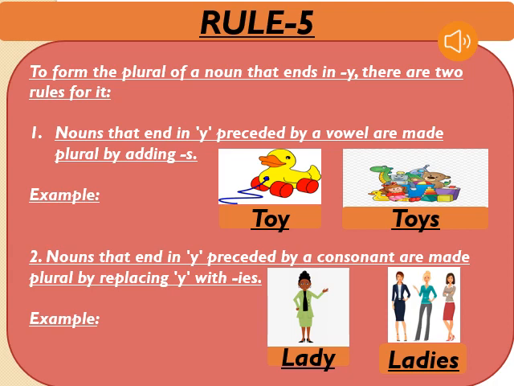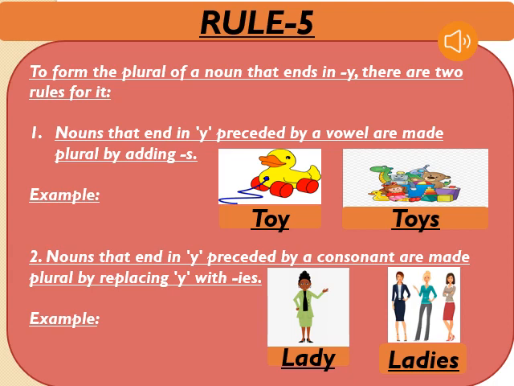Another rule, nouns that end in y preceded by a consonant are made plural by replacing y with ies. Now whenever you find any consonant just before y, you will replace y with ies. Let us take an example. Lady, ladies.